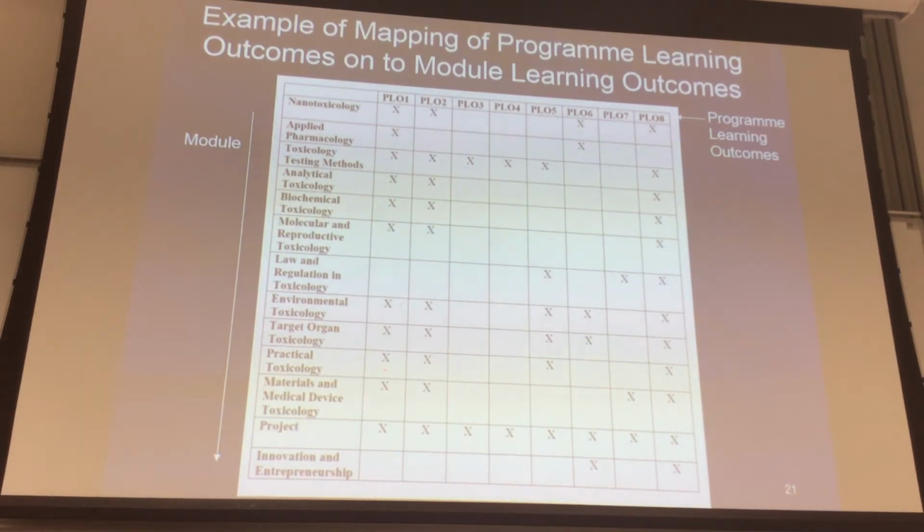Now, that grid is vitally important for any master's program that you design. Because what it is showing is, it is showing the accreditation organization that you have done your groundwork. The program learning outcomes are mapped onto the module learning outcomes.